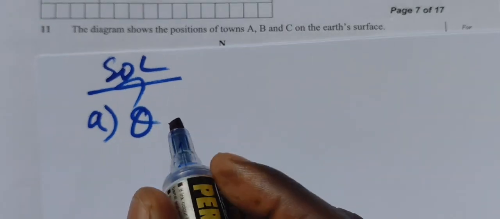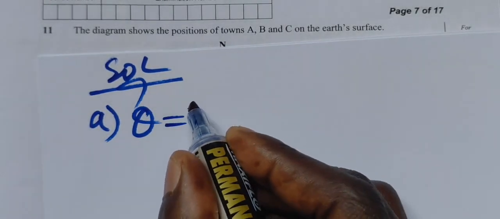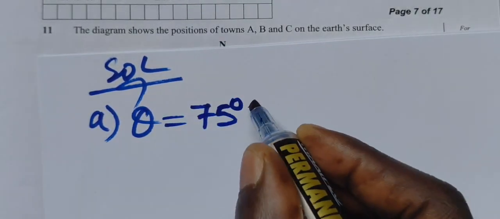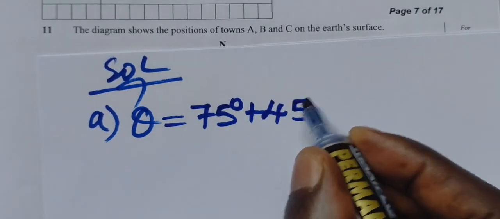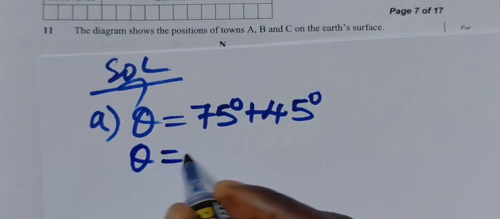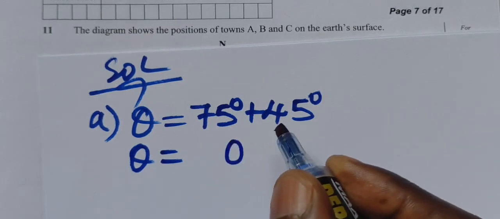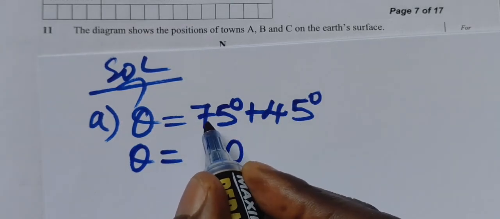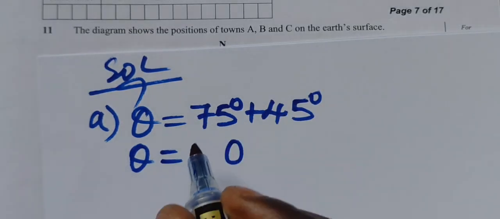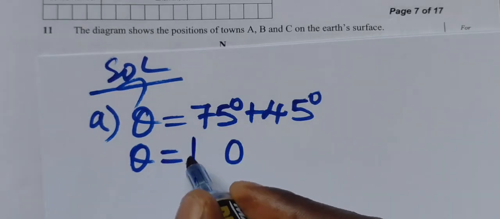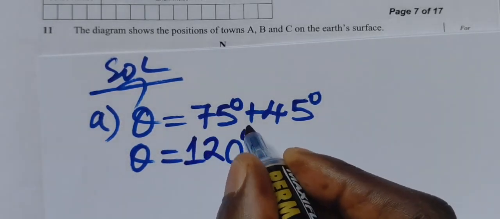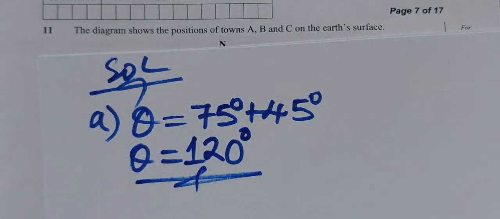So theta is going to equal 75 degrees plus 45 degrees. And this gives theta as, so 5 plus 5, that is 10. So I write 0, carry 1. Then 7 plus 4, that is 11. Then plus 1, that gives 12, which is 120. So the longitude difference is 120 degrees.